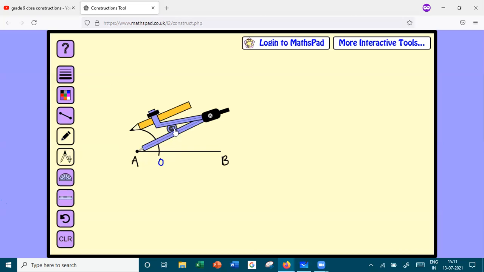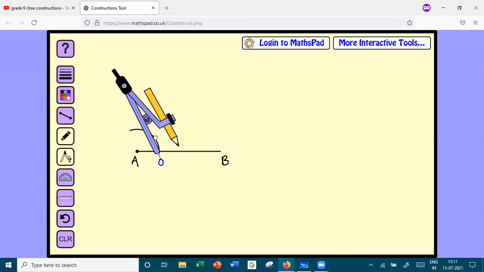Now once that is done, we'll move our compass to this point O. Let the radius be the same, right?